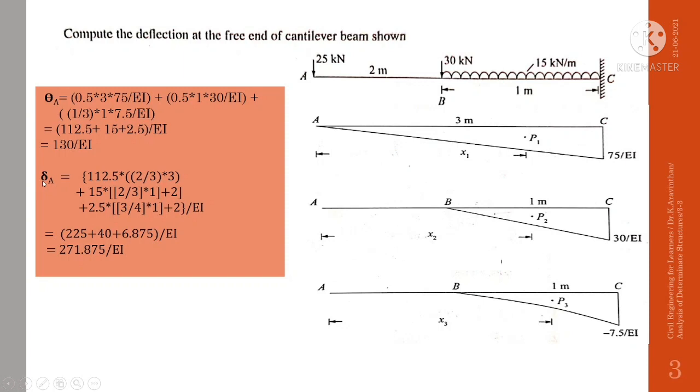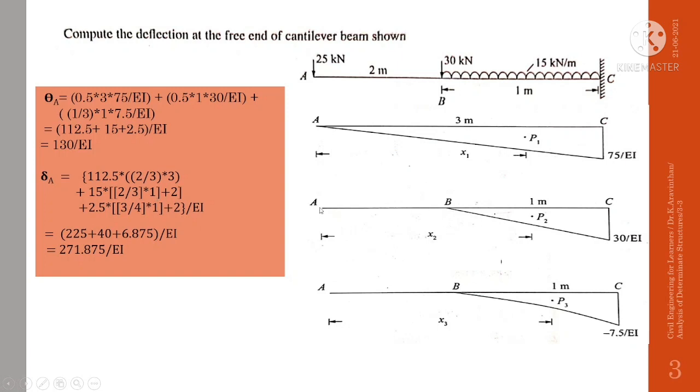And if you want to find the deflection, with the same areas, the first area is 112.5 into the centroidal distance, that is 2/3 of B, and 2/3 of the breadth is 3 meter. For the second area, the area is 15 into 2/3 of B. Here the base is 1 meter, and 2/3 of 1 plus 2.